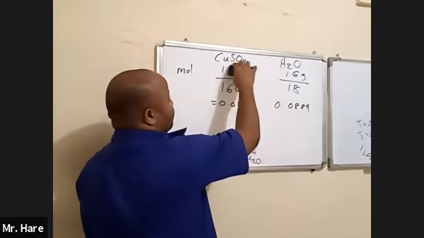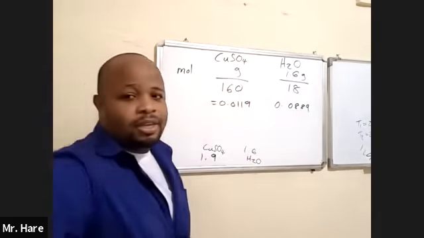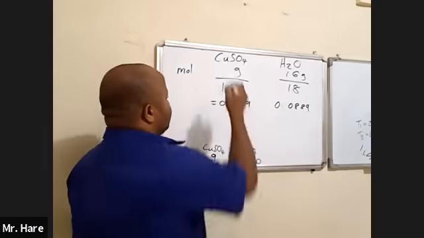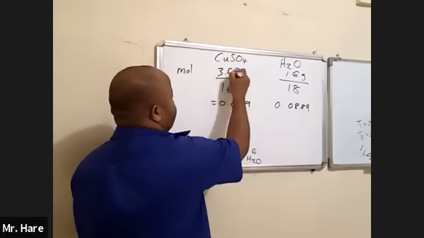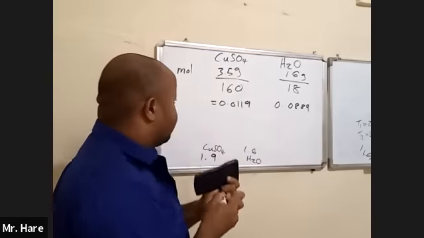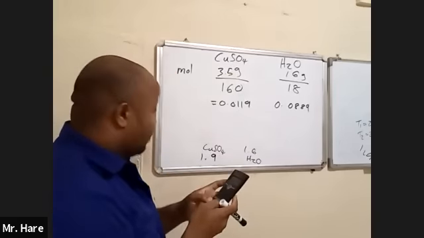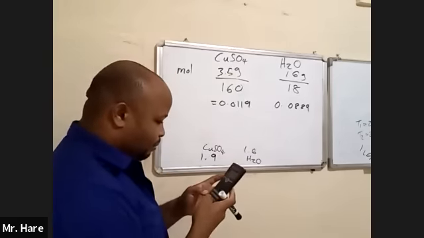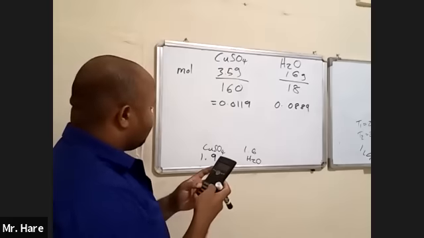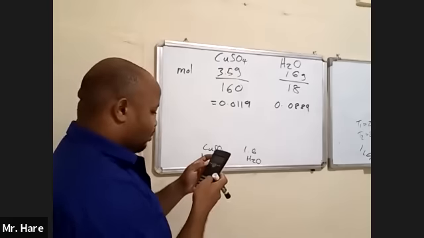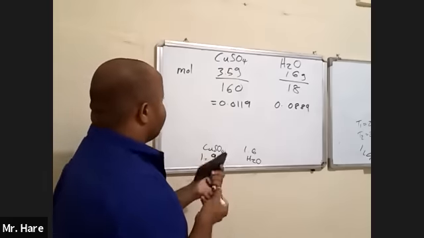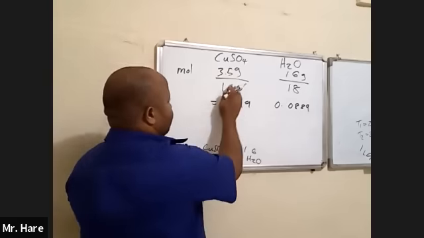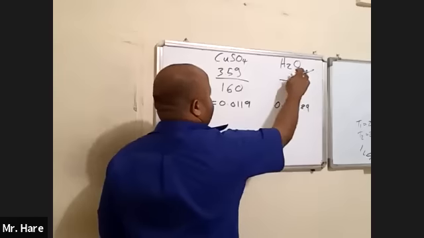So I'm going to change the 1.9 to 3.5 and see if that works. So 3.5 divided by 160, 0.02. No. Right, let me change the mass of the water.